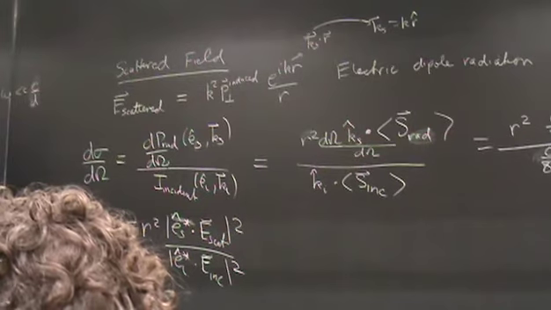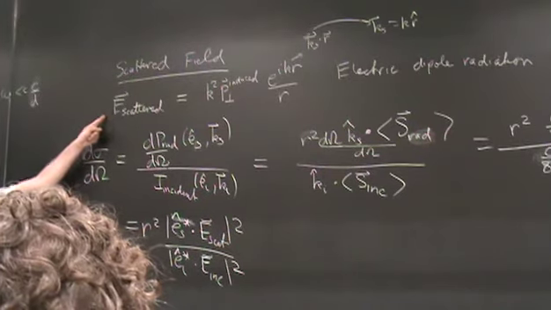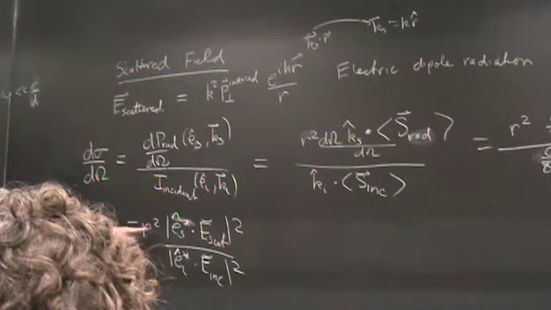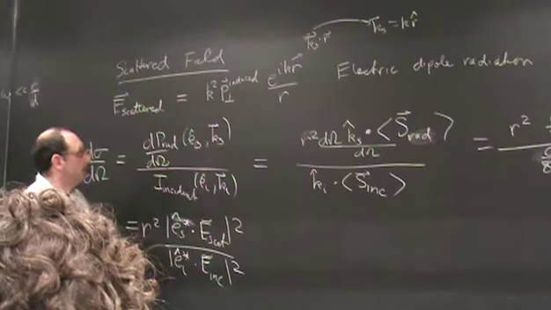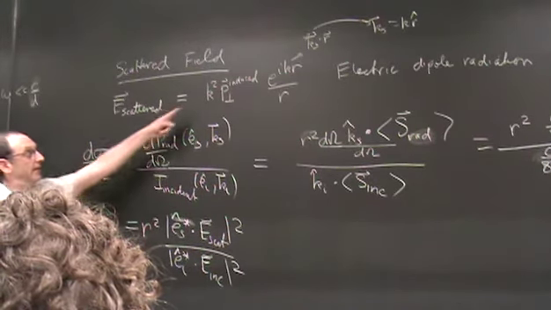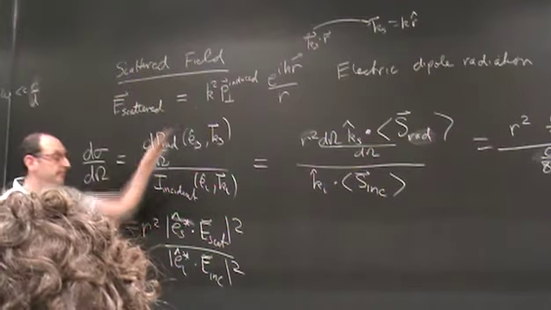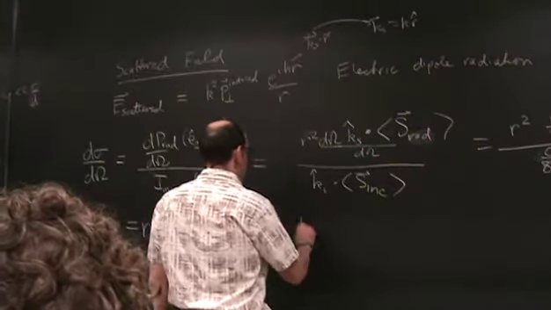Alrighty. But we know what the scattered field is, so we can plug that in. We multiply this, we square it. The r squareds cancel, as they must. And then we get a k to the 4th.